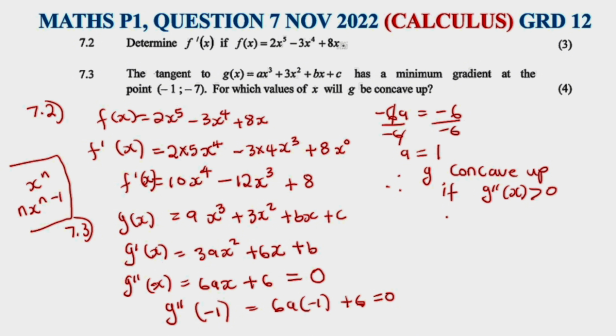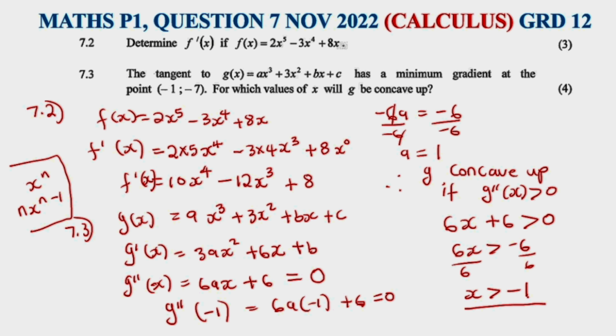So this means our general equation will be 6x plus 6 greater than 0. You solve for x: divide by 6, divide by 6. Therefore x is greater than minus 1. So it means this curve will be going up at x equals minus 1.